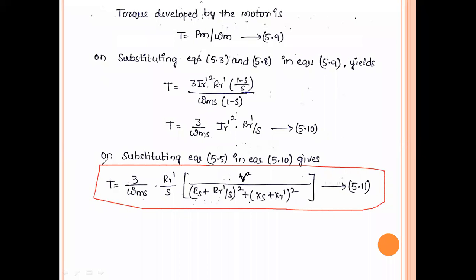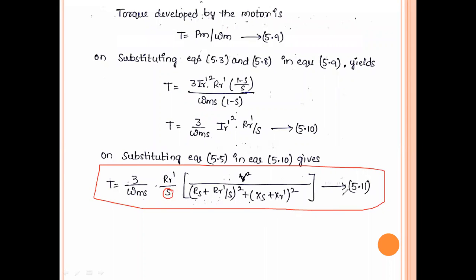However, in this expression we have slip, because slip is not constant. Slip is a variable term, because slip always depends upon the speed of the machine.